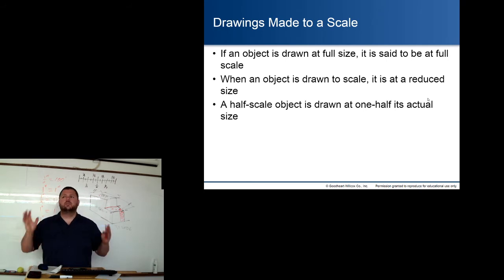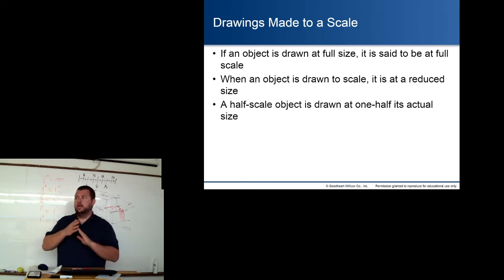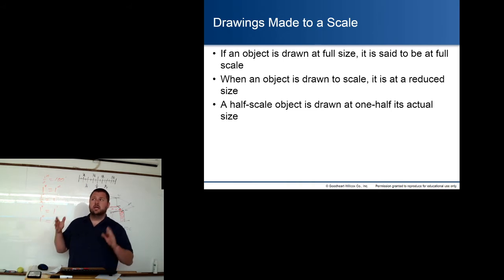So scale basically is allowing you to represent something larger in a smaller area while still maintaining the aspect ratio, meaning that whatever you're building or representing, it's the same. Like it's 3 inches vertically and 3 inches horizontally.